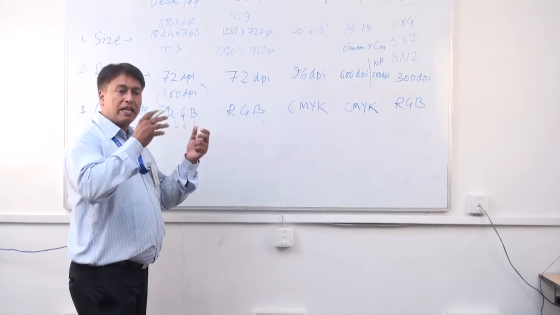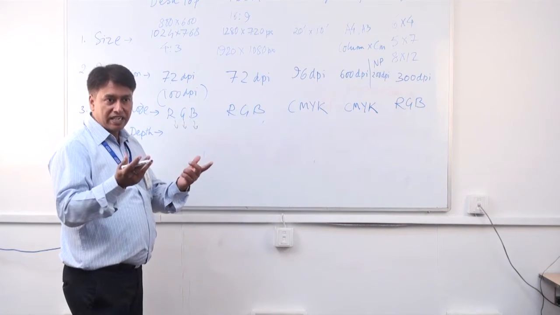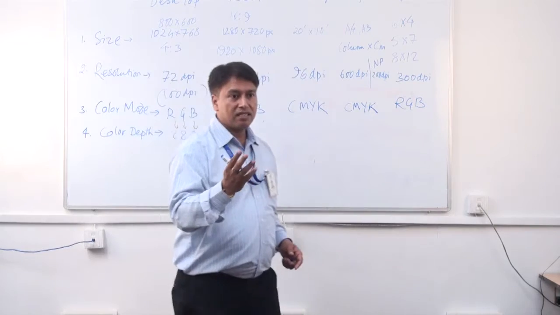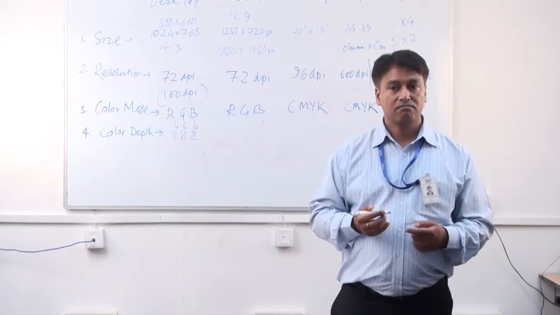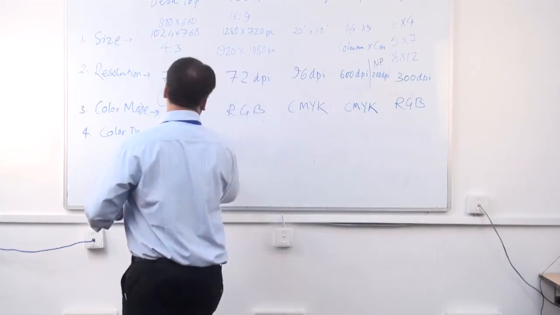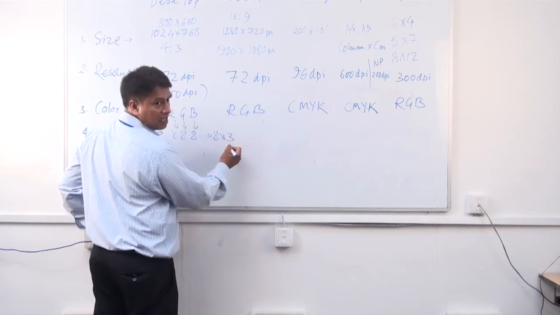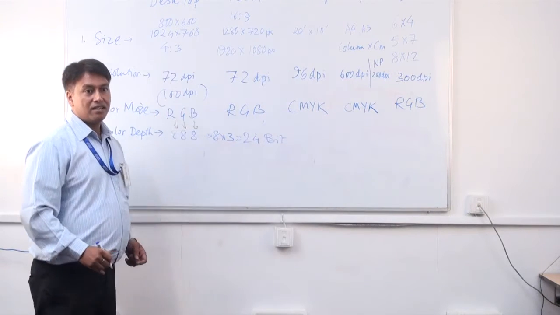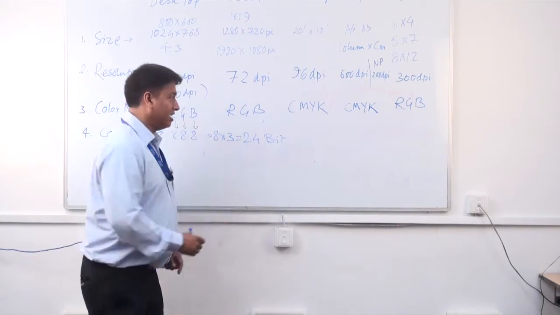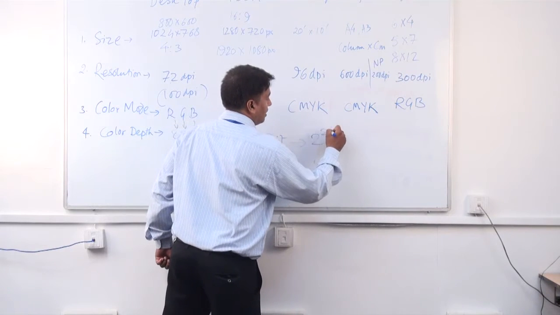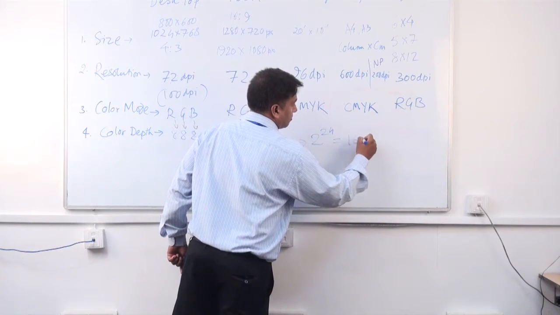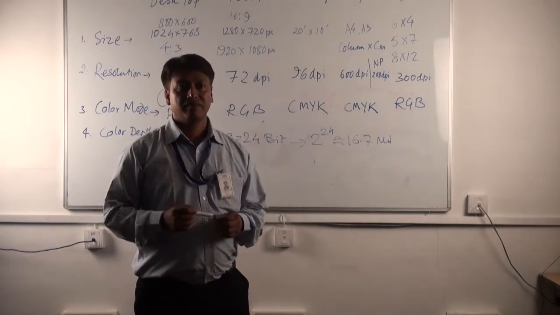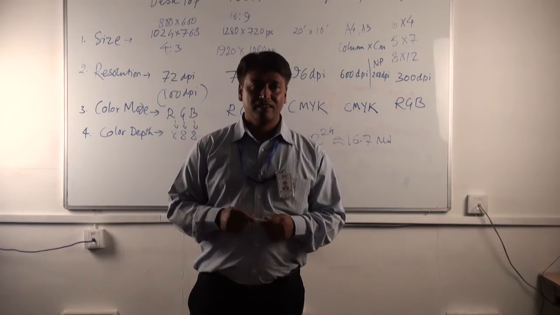It will make colors by mixing red, green, blue, different shades. So it will have 8-bit per channel, and there are 3 channels. 8 threes are 24. So it will be a 24-bit image. How many colors can it generate? 2 to the power 24, around 16.7 million color shades. Got it?